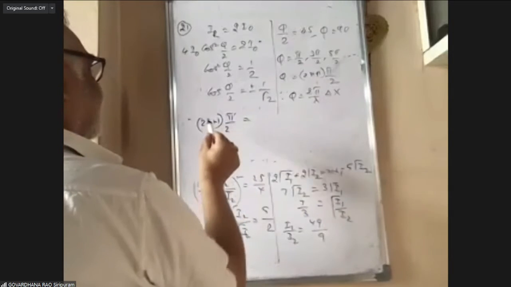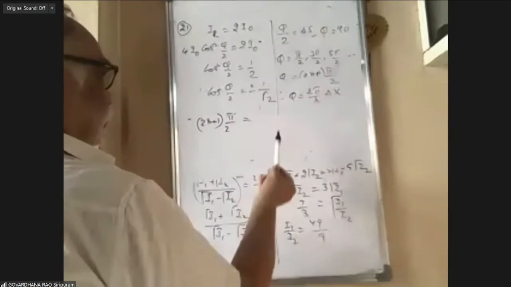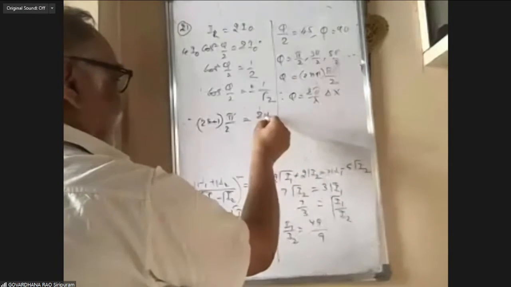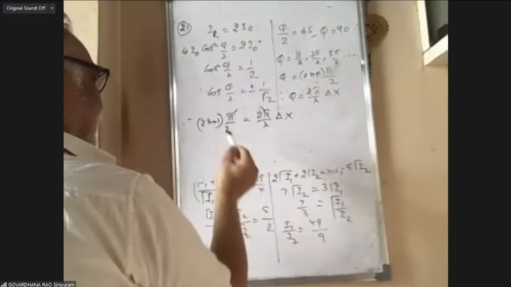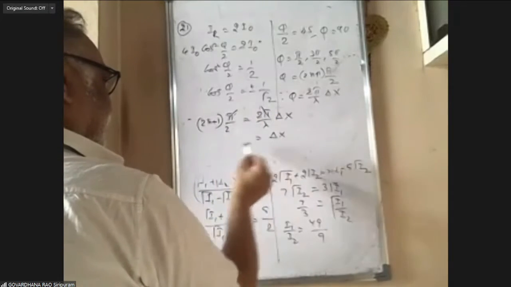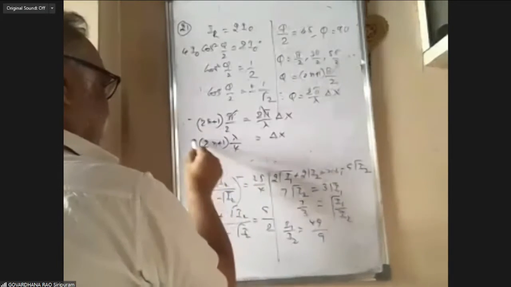So 2n plus 1 into pi/2 equals 2 pi by lambda into delta x. Pi cancels, so delta x equals 2n plus 1 into lambda by 4.